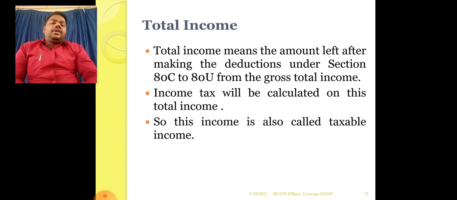Total income. Total income means the amount left after making the deductions under Section 80C to 80U from the gross total income. Income tax will be calculated on this total income. So, this income is also called taxable income.